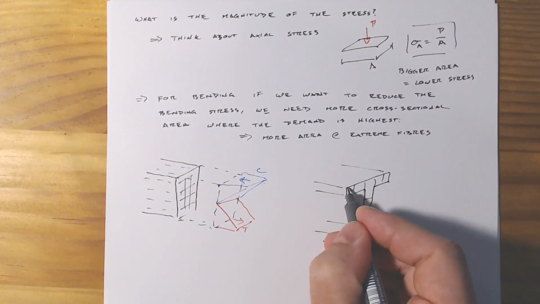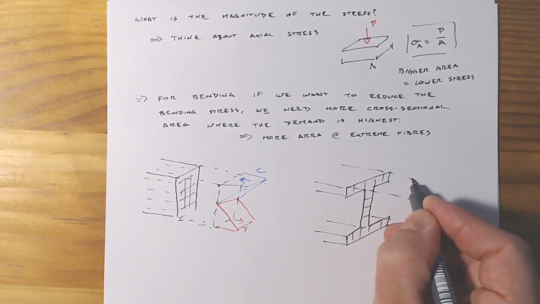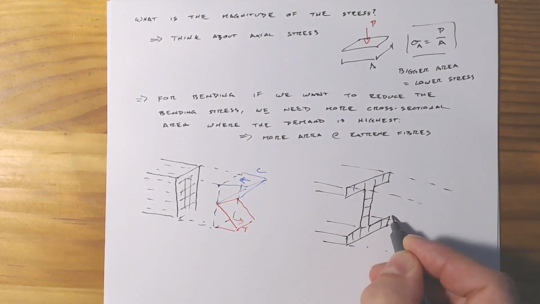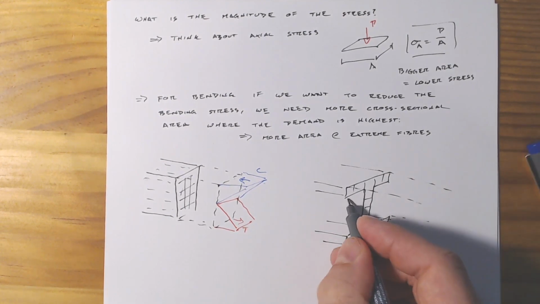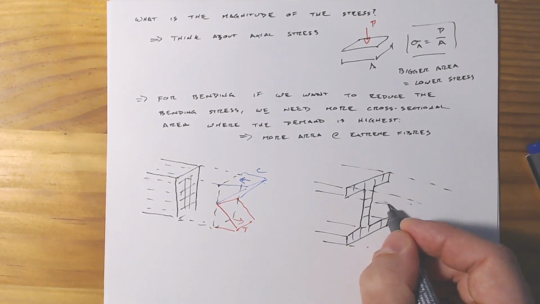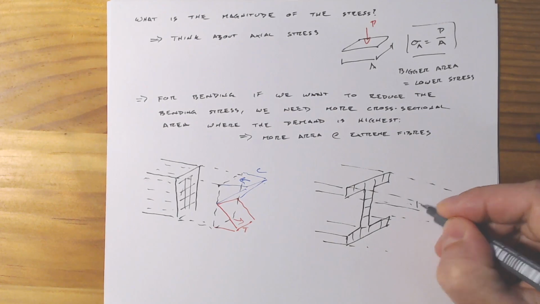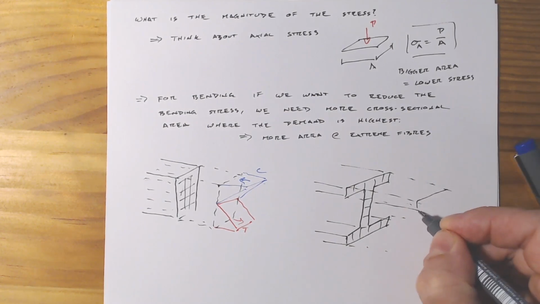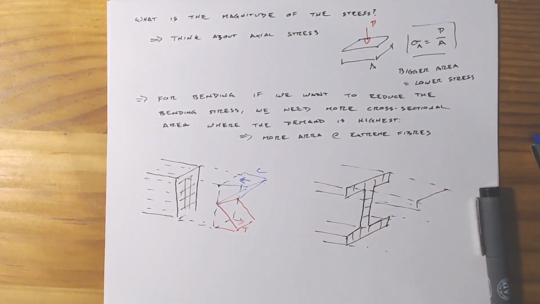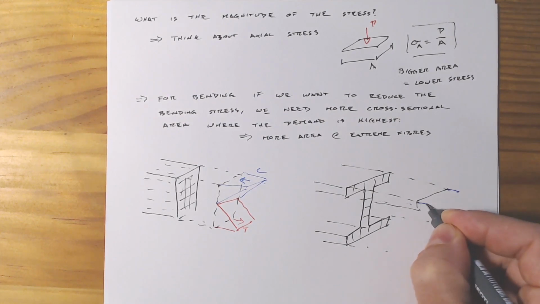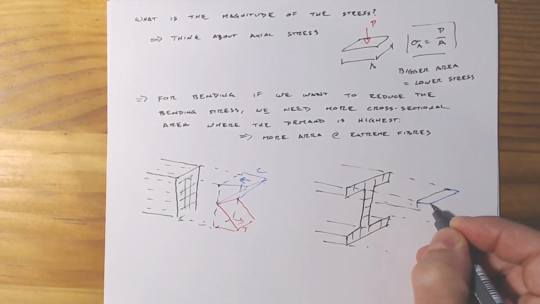And so, again, if we're going to just draw the stress distribution for that, we'd have our compression. You'd have some little area of the block up top here.